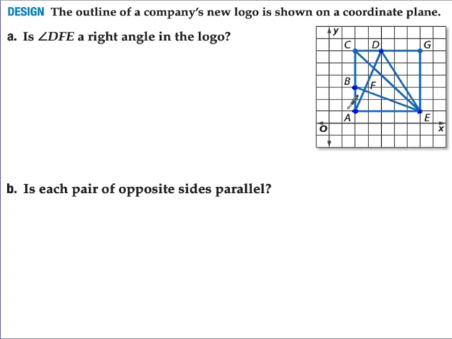So AD is made up of points (2, 1) and (4, 6). Using slope formula, 6 minus 1 over 4 minus 2. And that would be 5 over 2.